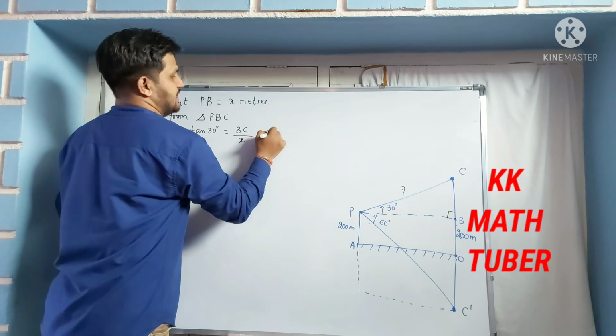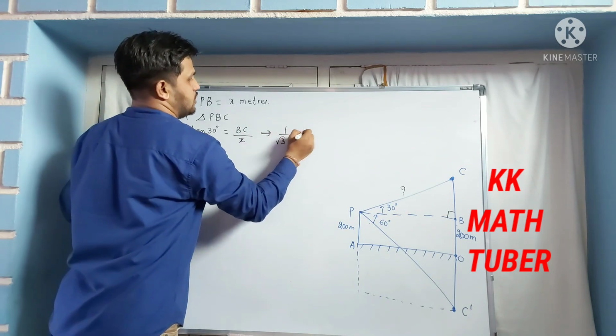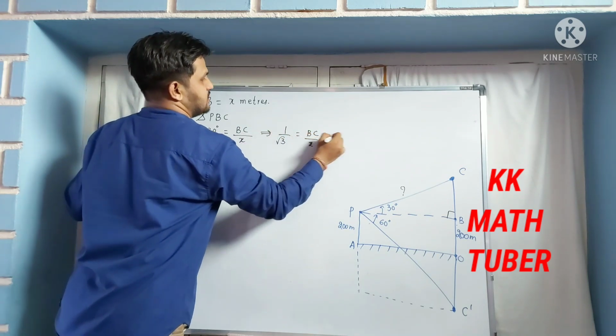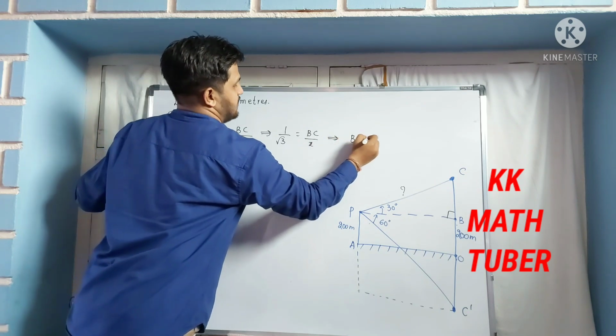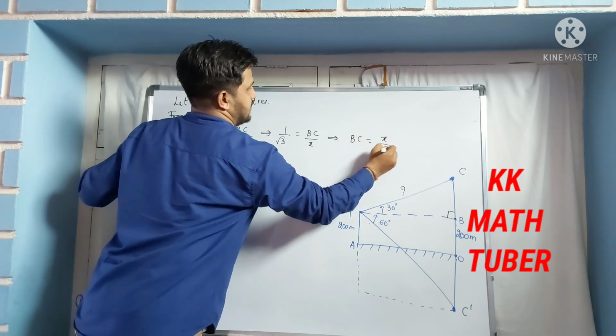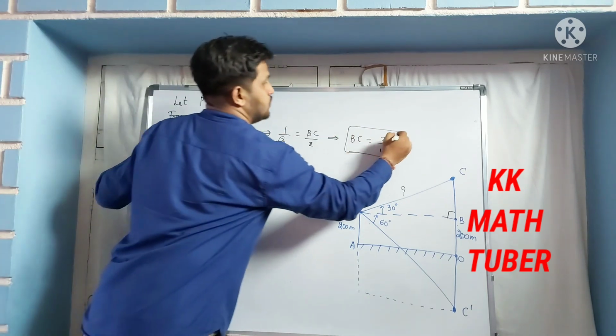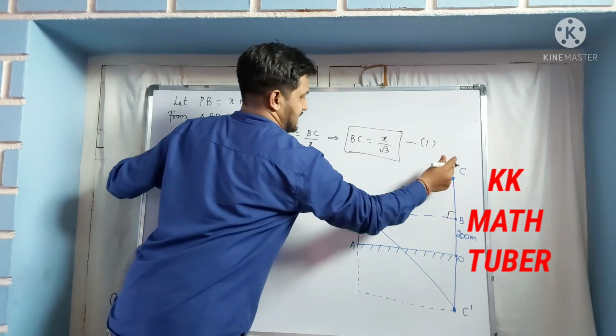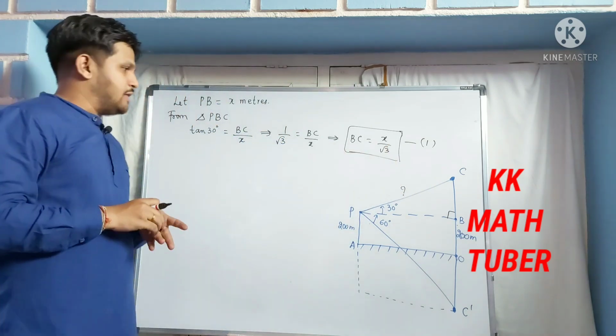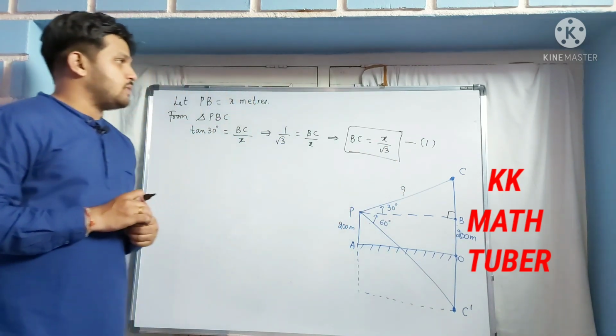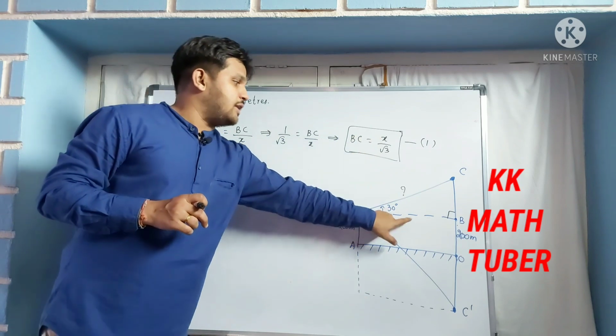So what is tan 30? That is 1 by root 3, equal to BC by x. So this implies BC is x by root 3. We need to find BC so that I can find the length PC easily by using the sine function. Therefore, we need to get the value of x.